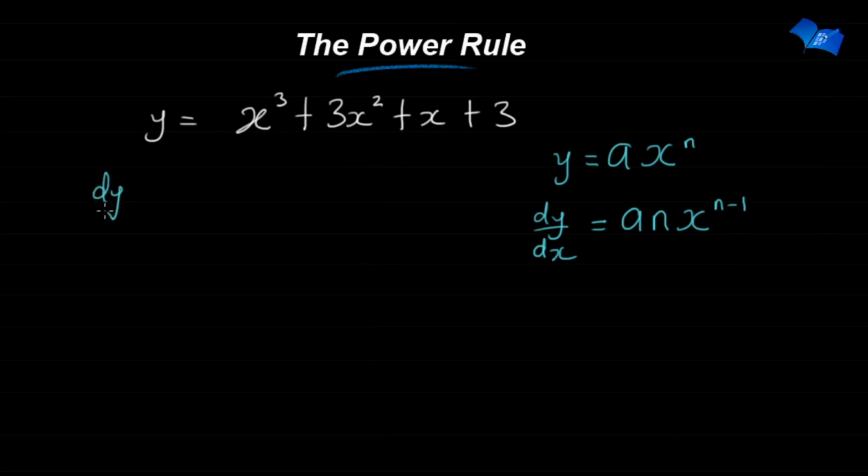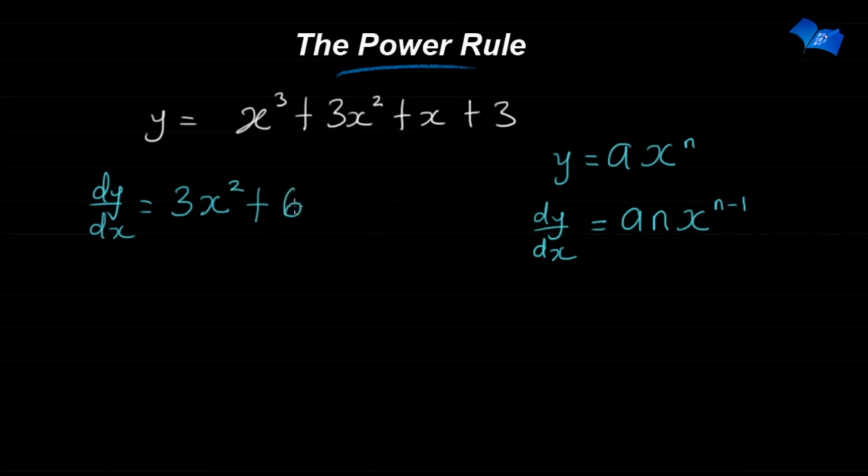This will be dy dx. I'm differentiating this one now. So I'll take the power down. That will be 3x. Then I'll reduce the power by 1. So it will be 3x squared. Plus this 2 will come down and multiply the coefficients.